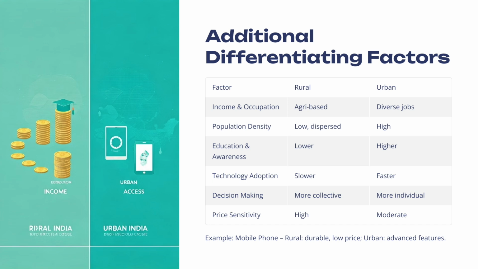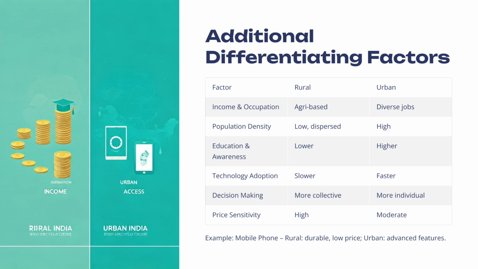Decision-making processes might also differ, with rural purchase decisions potentially being more influenced by family or community members compared to the more individualistic decisions often seen in urban areas. While technology adoption is increasing in rural areas, it generally lags behind urban centers, affecting the effectiveness of digital marketing strategies. Finally, price sensitivity is often higher among rural consumers, making getting good value for their money a very important factor in their purchasing decisions.